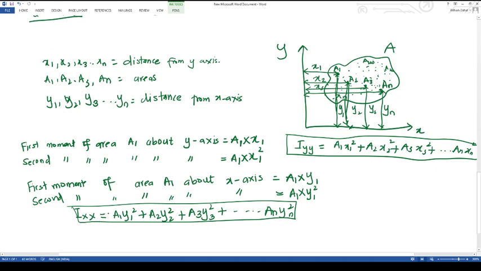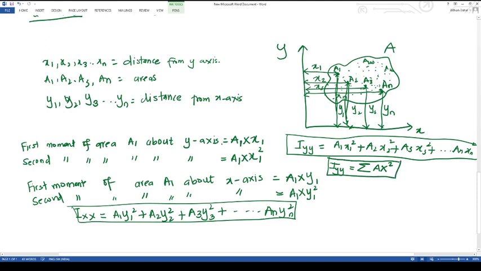So looking at this equation, what we can say is that Iyy is equal to the summation of all the areas times the distance, and the distance here is x squared, right? So from the above equation we can get this one.